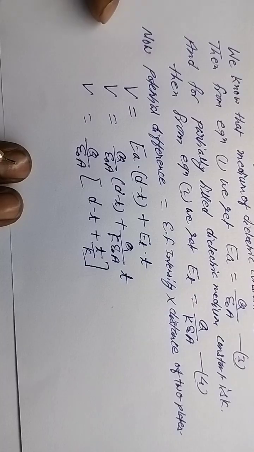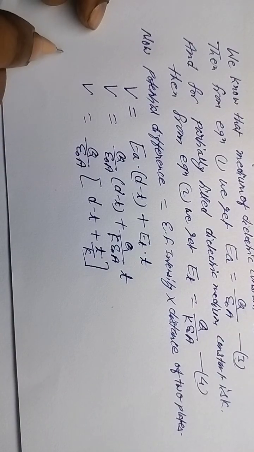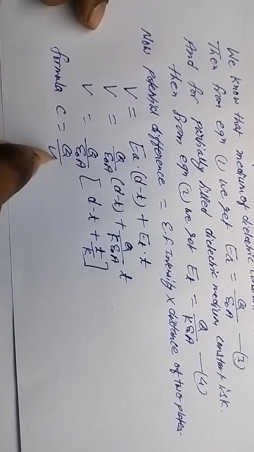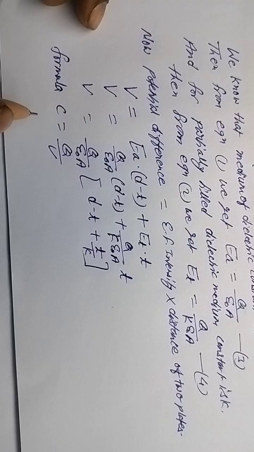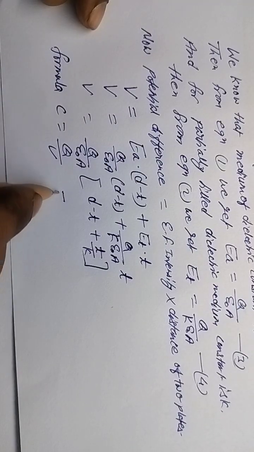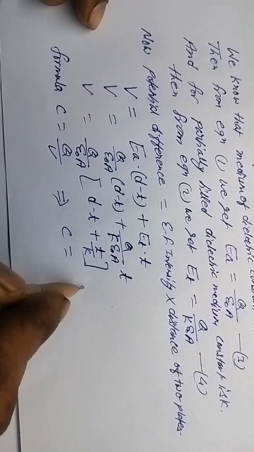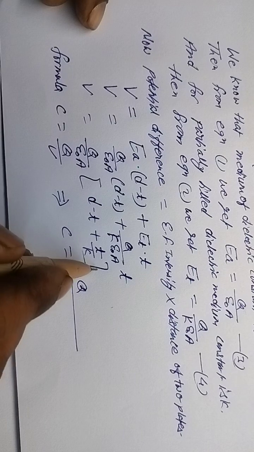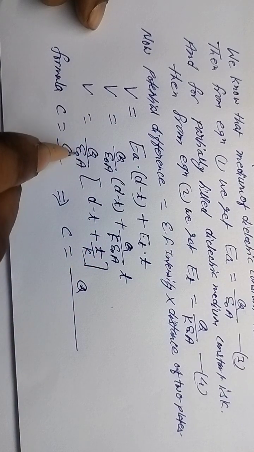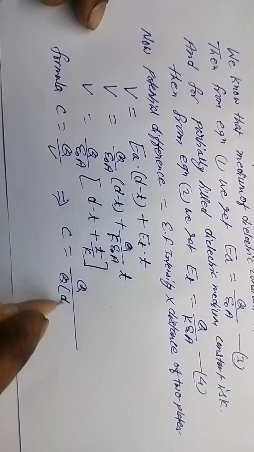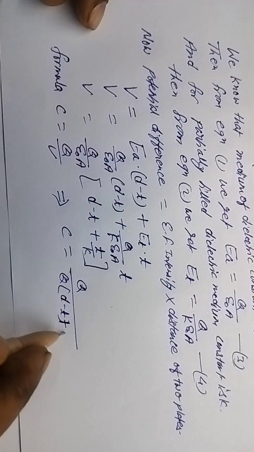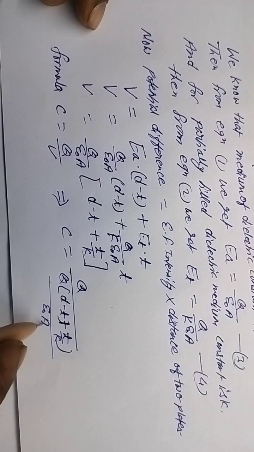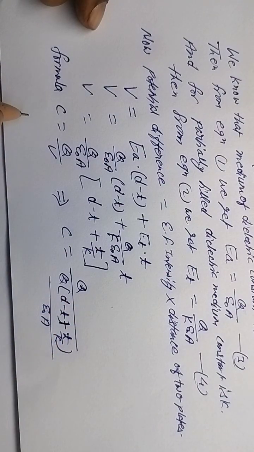Simply, from the formula of the condenser, C is equal to Q upon V. Putting the value of V from this formula, we get C equal to Q upon Q times the bracket d minus t plus t upon K, upon epsilon 0 A. This goes to the numerator in the next step.